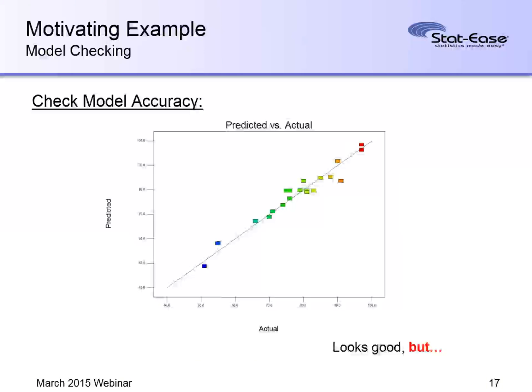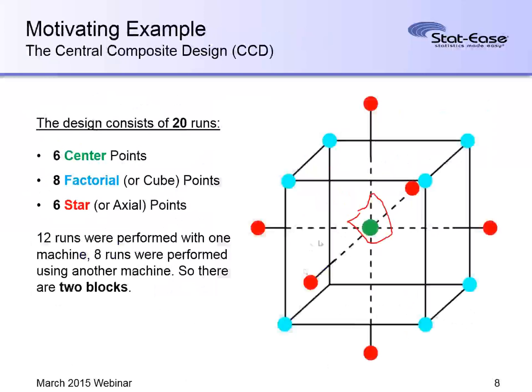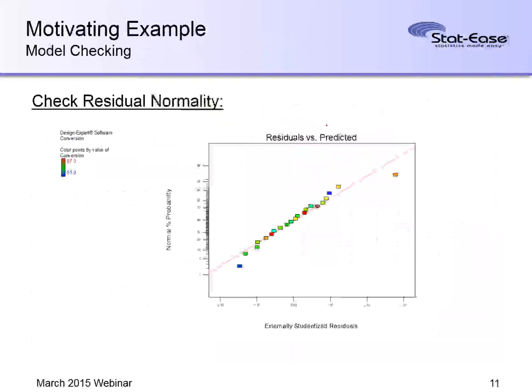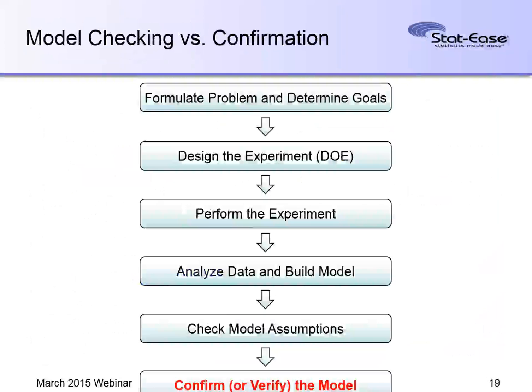So if I go back to my design space here, I observe data at these points, but let's say, for example, I want to predict the response here, or I want to predict a future response at this axial point. In order to get some idea of how well this model will do, I need to use confirmation. I need fresh, unbiased data that was not already incorporated in this model.